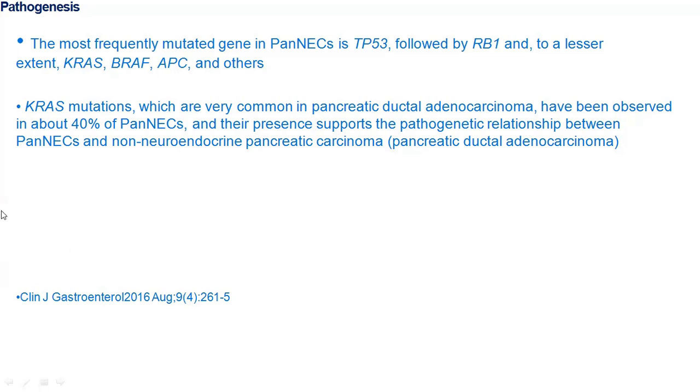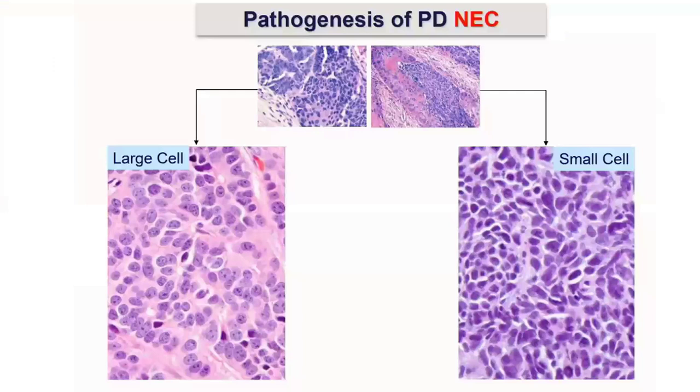In one study, the KRAS mutation, which is very common in pancreatic ductal adenocarcinoma, was still present when the ductal adenocarcinoma transformed into neuroendocrine carcinoma, which supports this hypothesis that conventional carcinoma transforms into neuroendocrine carcinoma, which is always high grade and poorly differentiated. This is the pathogenesis of poorly differentiated neuroendocrine carcinomas.